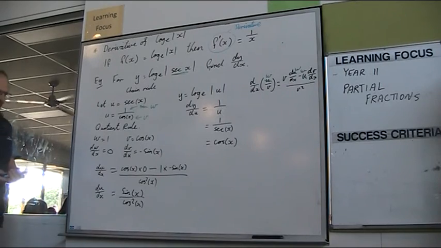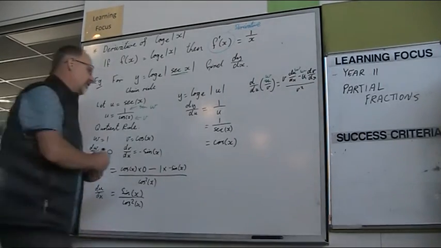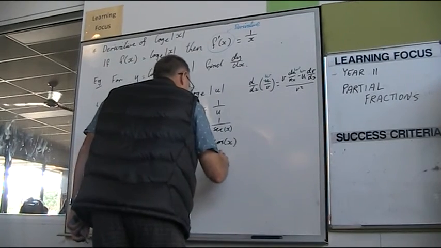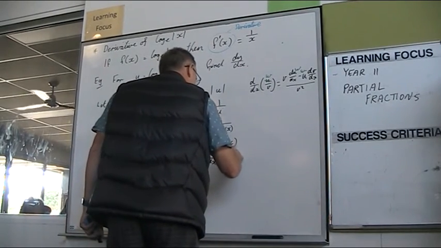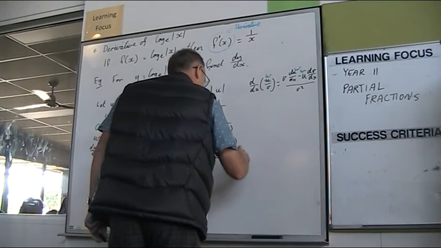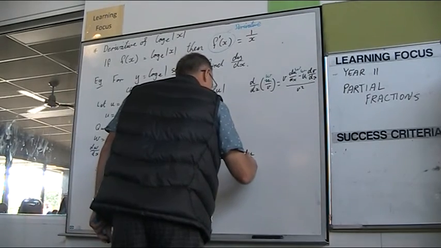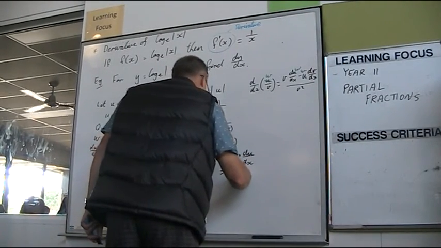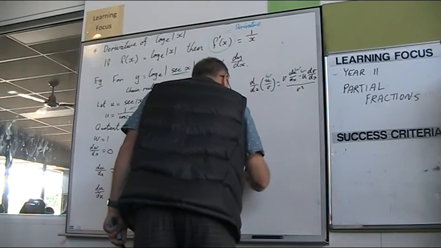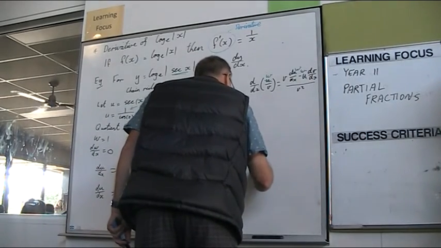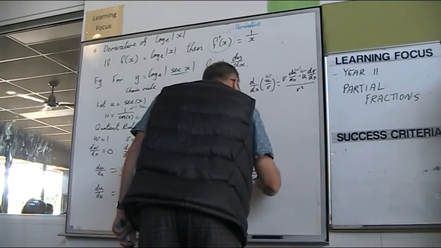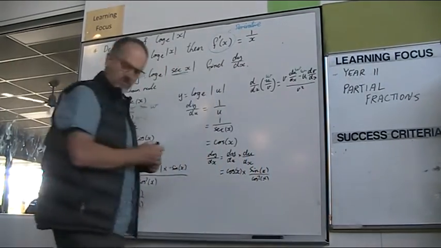All right. So dy dx is dy du times du dx. And dy du is cos x, and du dx is sin x over cos squared. And what happens here?